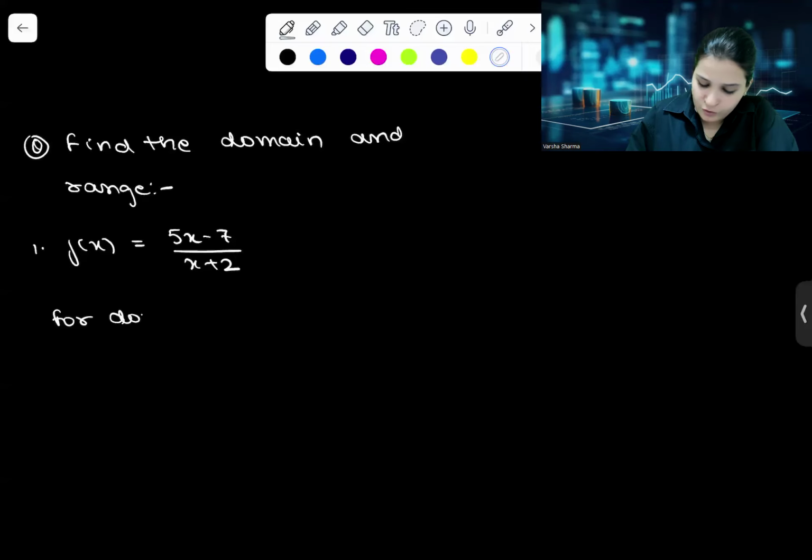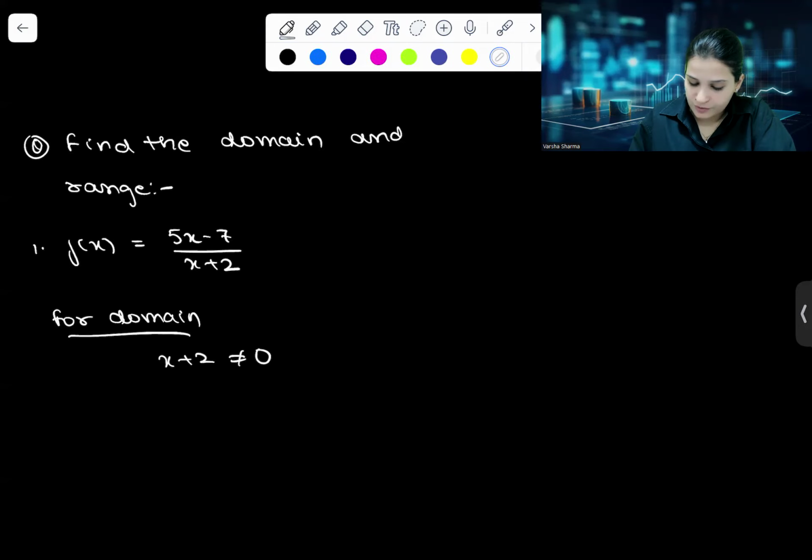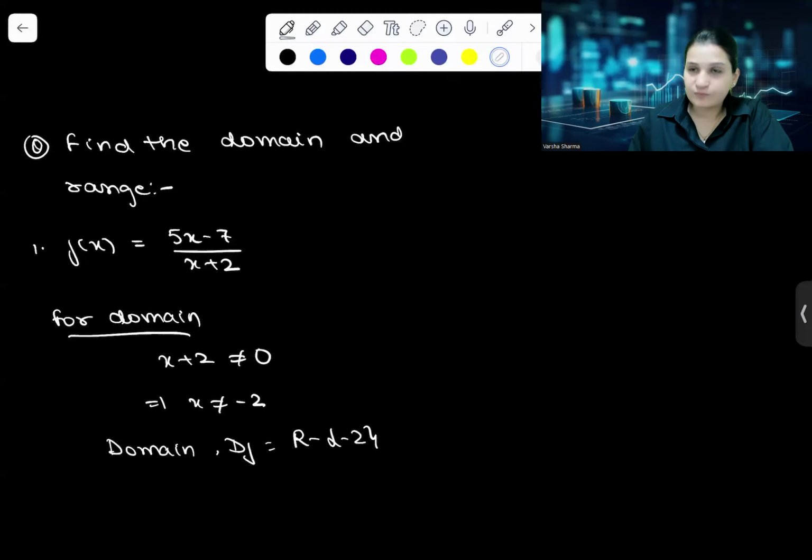So for domain, I don't want my denominator to be 0. So x should not be minus 2. So domain will be all real numbers except minus 2.